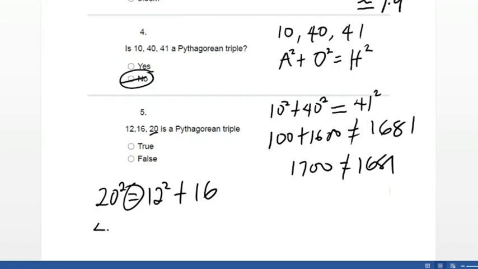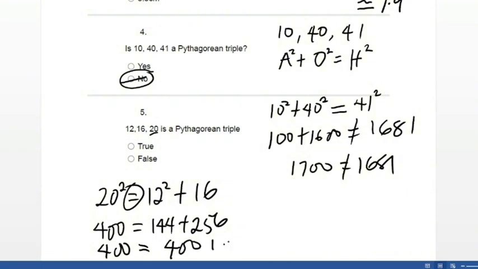So 20 squared is 400. 12 squared is 144, right? 16 squared equals 256. So let's add together. 144 plus 256 is equal to 400. So that means this is correct. It is true. The answer becomes true. I hope this is very clear.